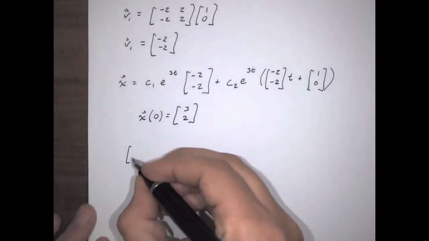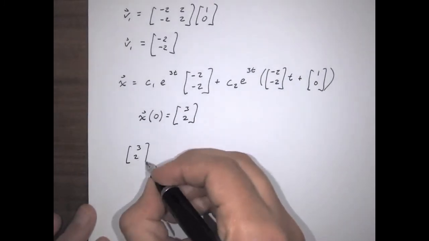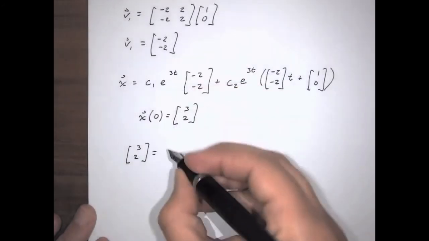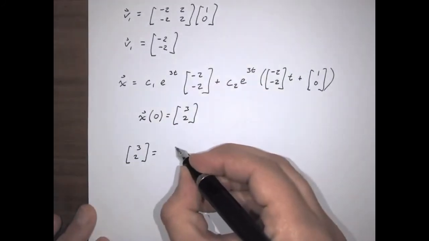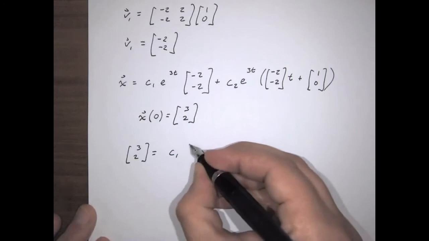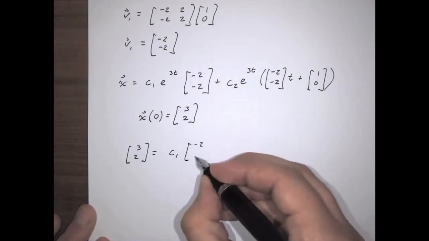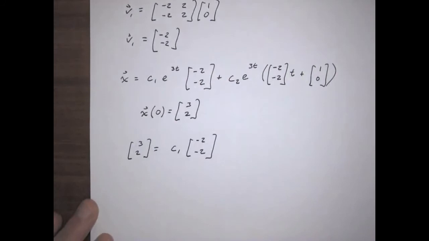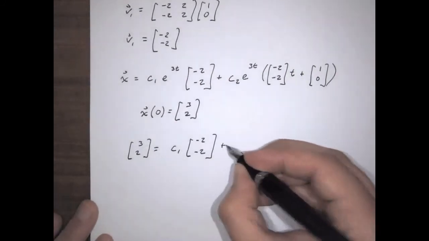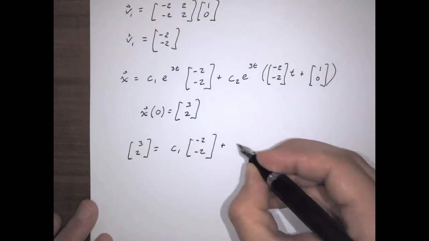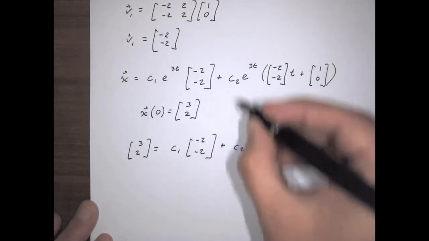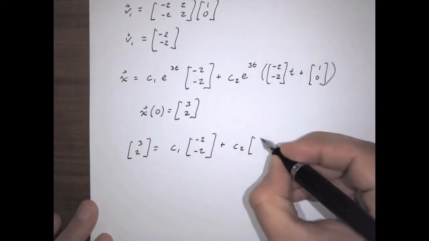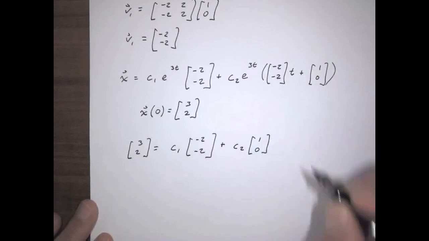So 3, 2 is equal to C1 times negative 2, negative 2. And then we're also going to have a t of 0, so it's going to be C2 times 1, 0.